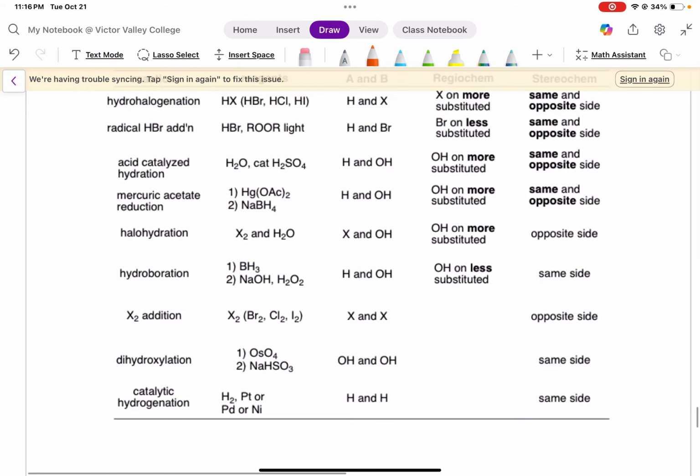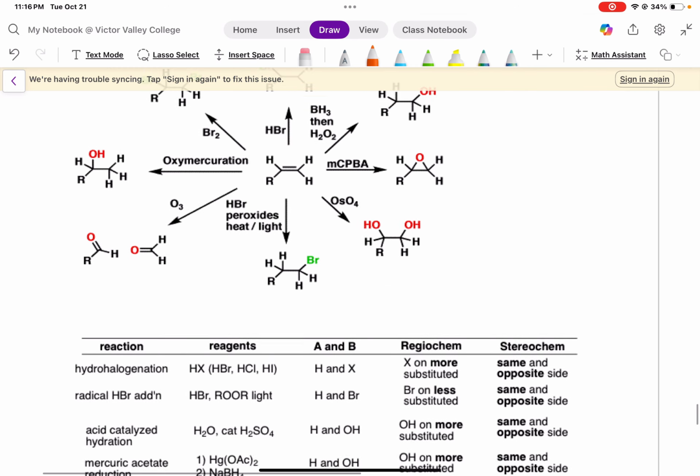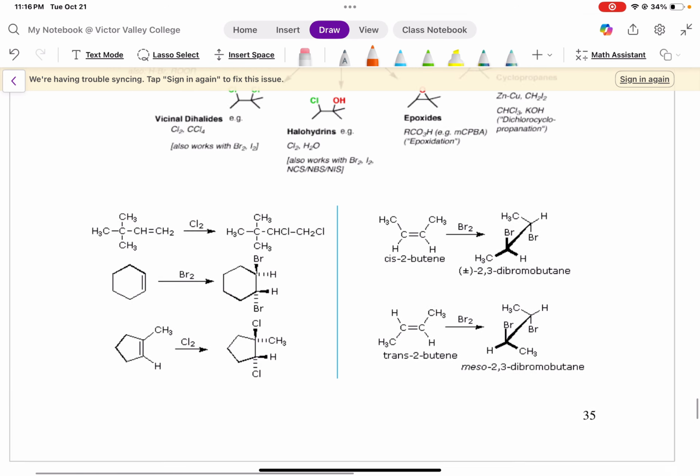Oh, here we go: OsO4 and then aqueous sodium hydrogen sulfite, or bisulfite. So you get OH and OH on the same side. Okay, dihydroxylations, making a diol.